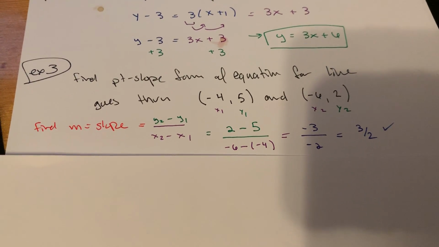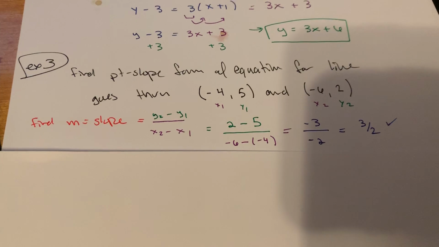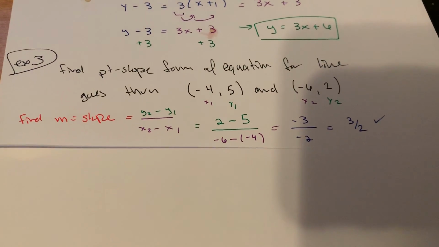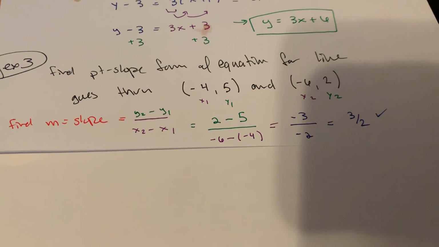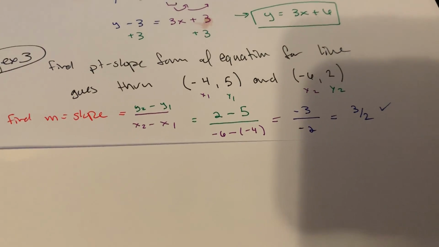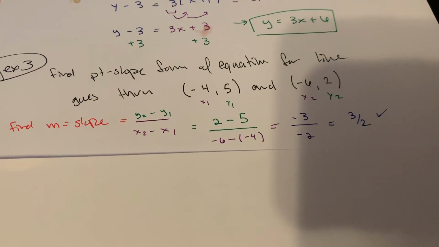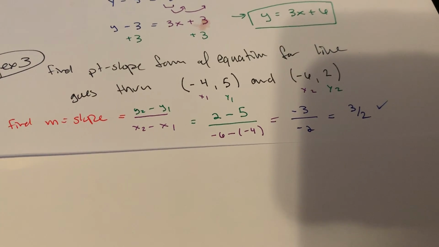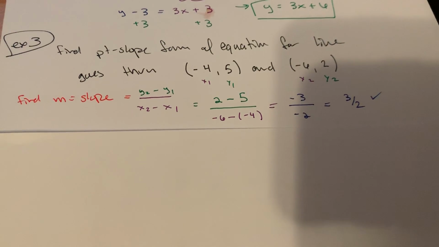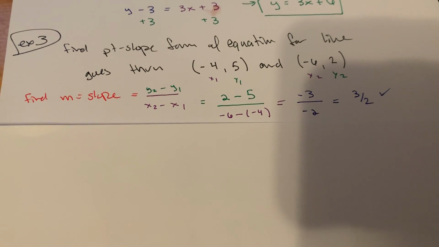In this case, if I sub my numbers in, y2 is 2, y1 is 5, so 2 minus 5 up top is -3. The bottom looks like -6 minus a -4. That's really -6 plus 4, which is -2. -3 over -2, well, negative over negative is going to be a positive 3/2, right? +3/2.